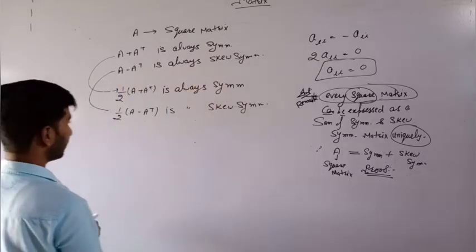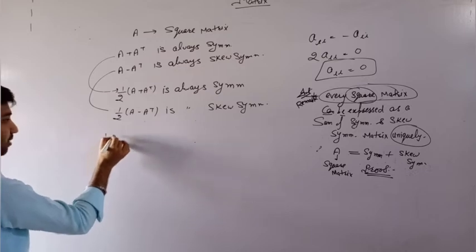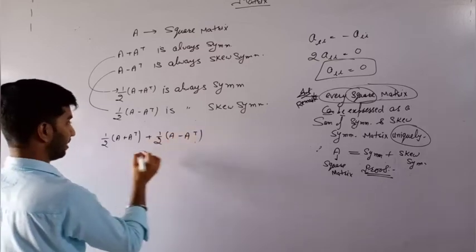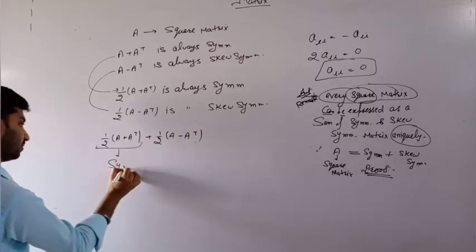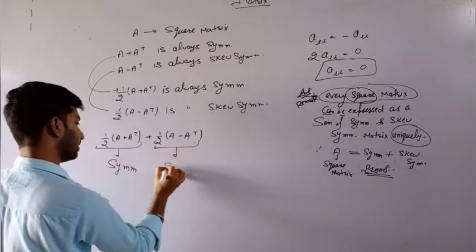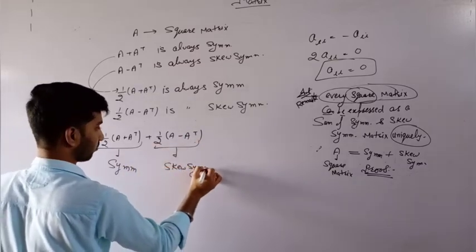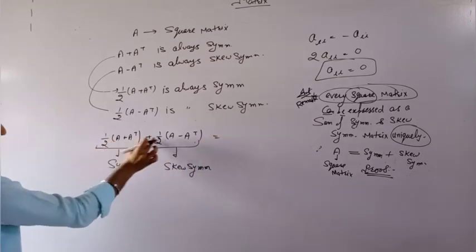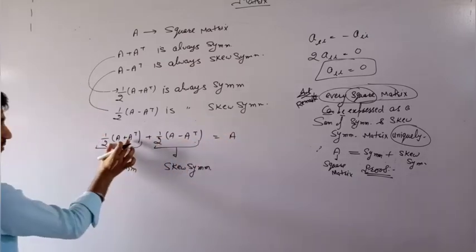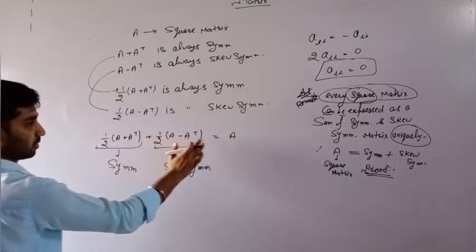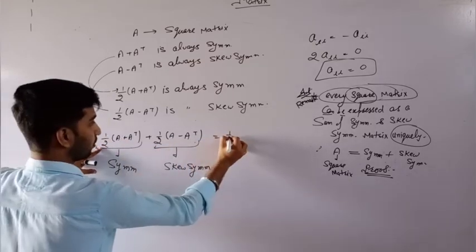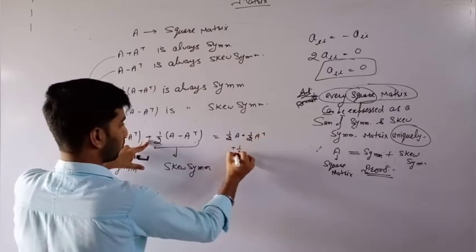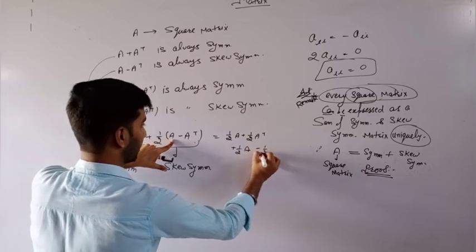Now by adding these two, half of A plus A transpose, which is symmetric, and half of A minus A transpose, which is skew symmetric, the total is: 1/2 A plus 1/2 A transpose plus 1/2 A minus 1/2 A transpose.